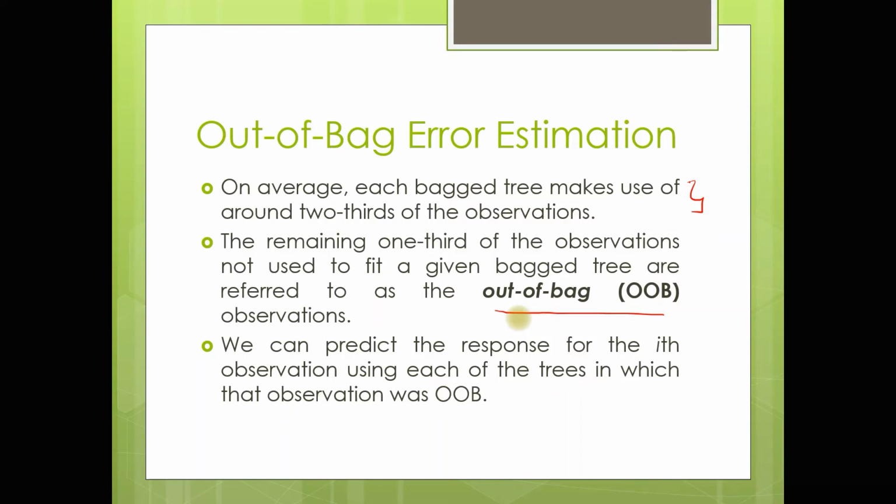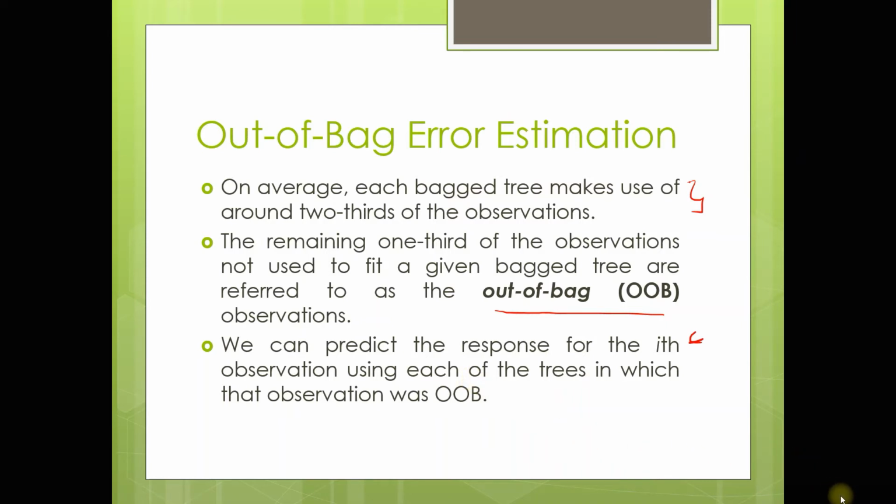What we can do is predict the response for a certain observation, let's suppose observation i here, using each of the trees in which that observation was out of bag.